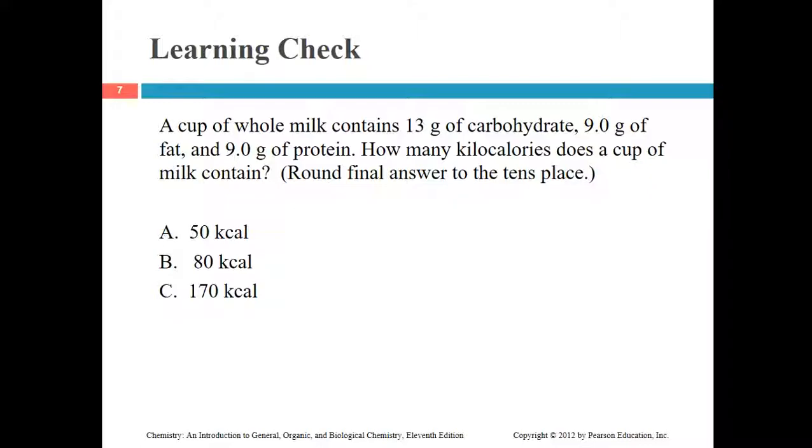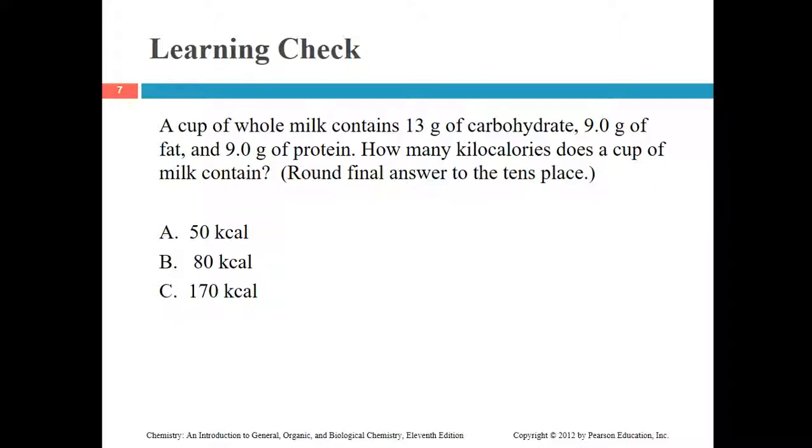Let's see if we can calculate how many kilocalories, i.e. big C calories, does a cup of milk contain. I'm sure you've done a problem like this in some of your other classes, especially probably a nutrition class. But this is where we use dimensional analysis again. Wow, different section, but we are still using dimensional analysis, which we learned a while back.